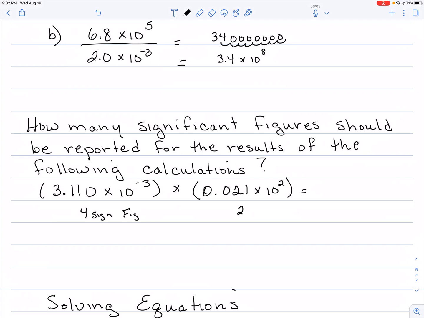This next one, we only have 2 significant figures because the leading zeros are not significant. So therefore, your answer must be in 2 significant figures. So when you plug these in your calculator, you're going to get 6.5 times 10 to the minus 3, which gives you 2 significant figures.